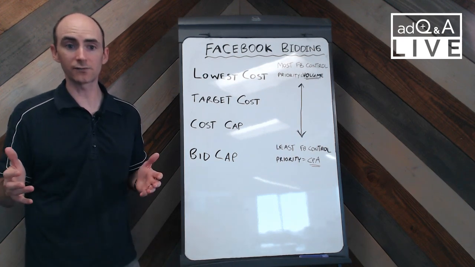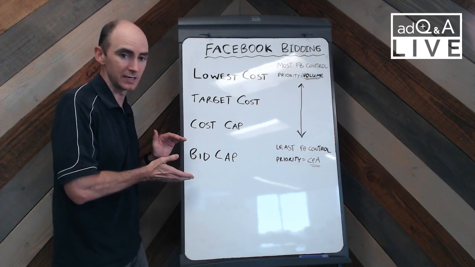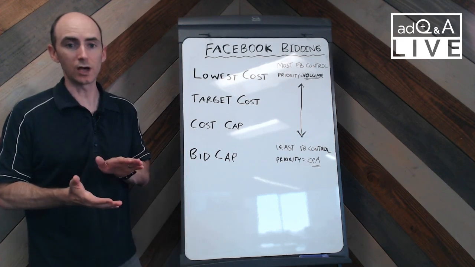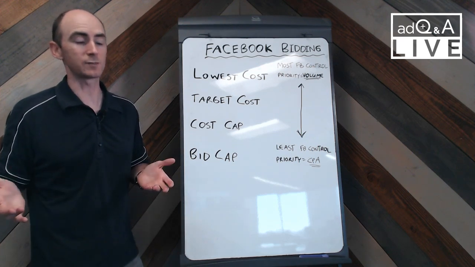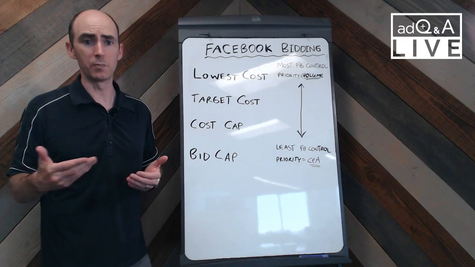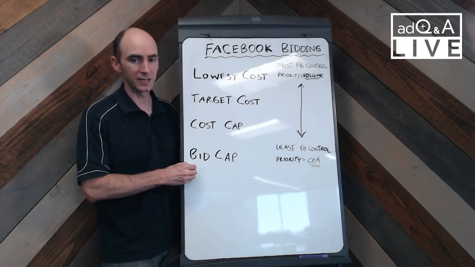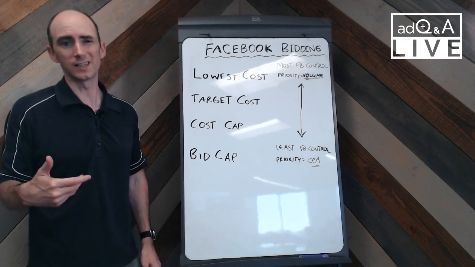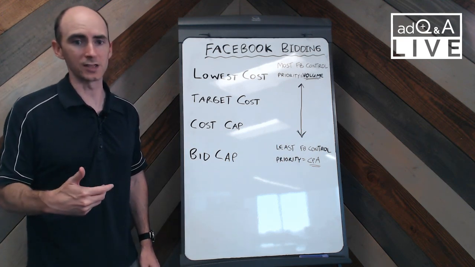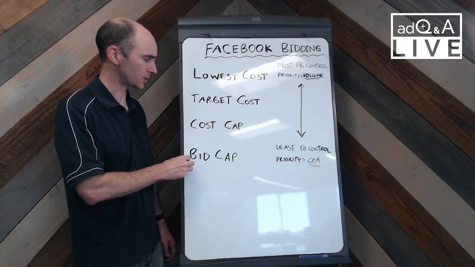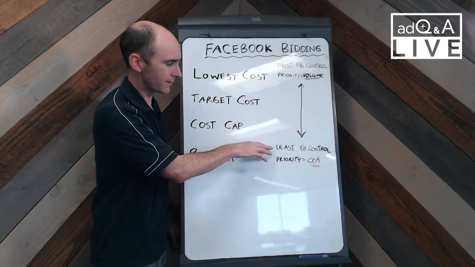Sometimes you're going to get tons of volume if you have a high bid cap. And if you set your bid cap too low, you're going to get no delivery, because Facebook is basically saying, look, man, you're not bidding enough to actually serve. You've set a bid cap that's lower than the realistic bid I need to put in to be competitive in the auction, right? So again, this is giving Facebook the least control.